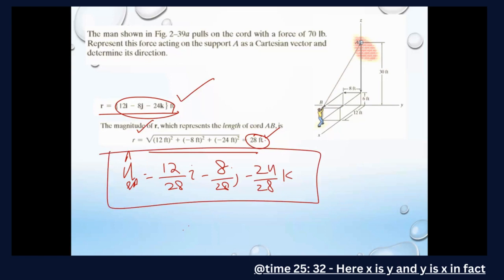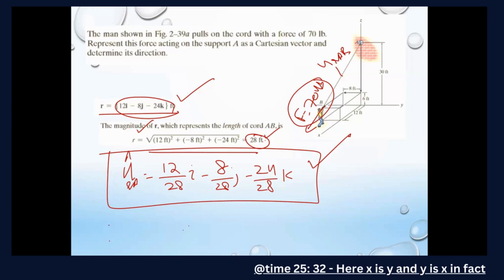What did I tell you? If I know the unit vector and if I know that a force of 70 pounds is acting, I can convert this 70 pound magnitude into a vector. I can use the same unit direction vector for the force, because the force is also in the same direction.